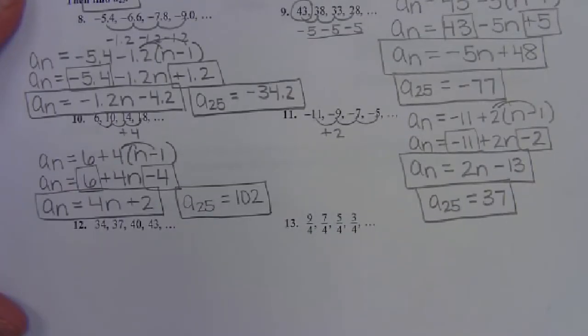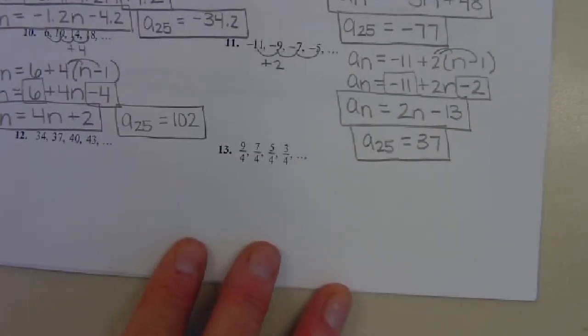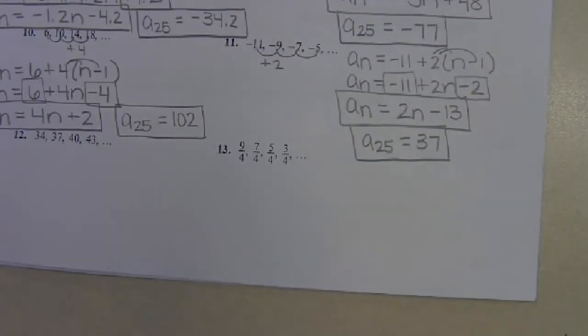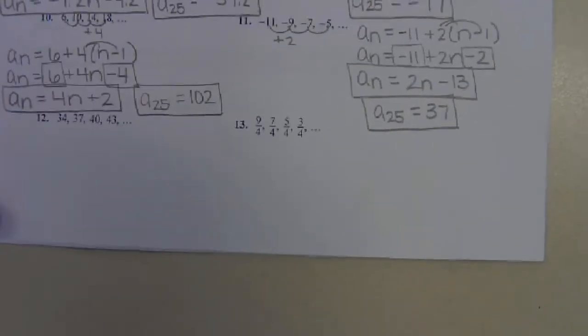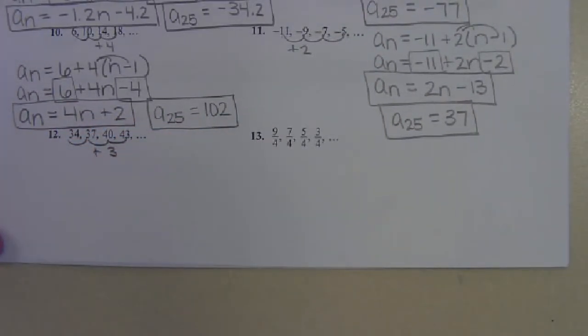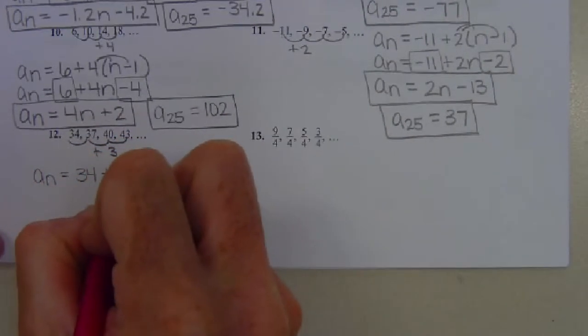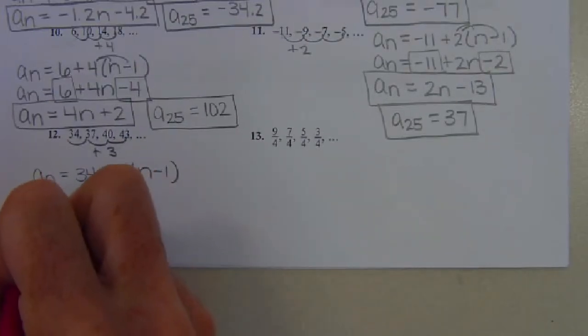On our next example, we are going to look at the same thing. So in this case, I can quickly see by looking at the problem that I am adding 3 each time. So a sub n equals my first term, 34, plus 3 times n minus 1.